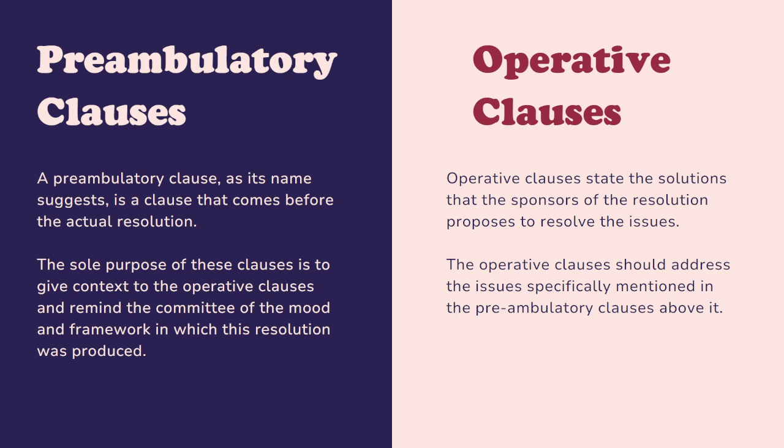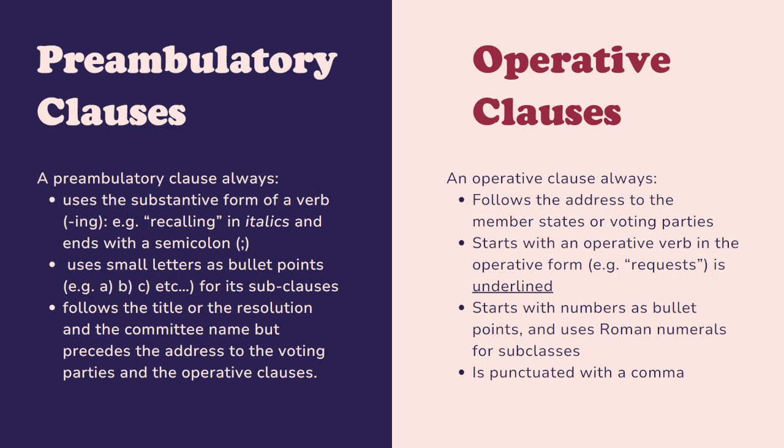So everything that has been done before to handle the issue at hand, every reason why it is crucial to discuss it. Then moving on to operative clauses, these state the solutions that the sponsors of the resolution propose to resolve the issue. The operative clauses should address the issues specifically mentioned in the preambulatory clauses above them. So the issues that you mention in your preambulatory clauses should most likely be answered in your operative clauses.